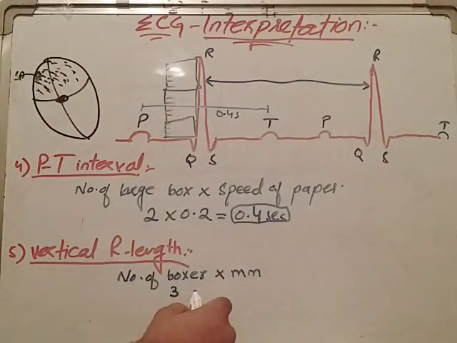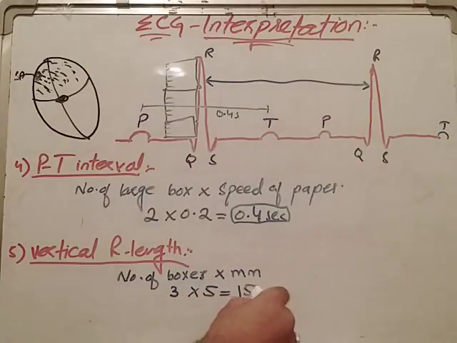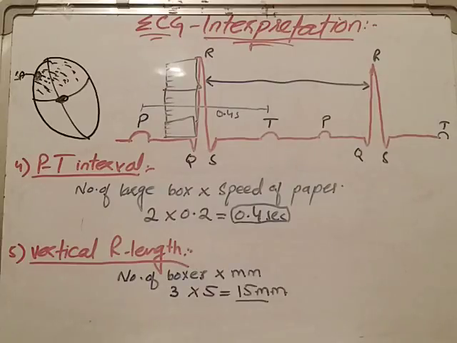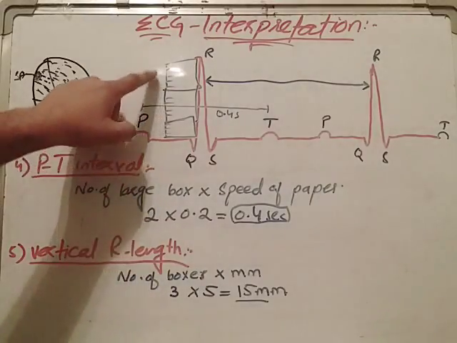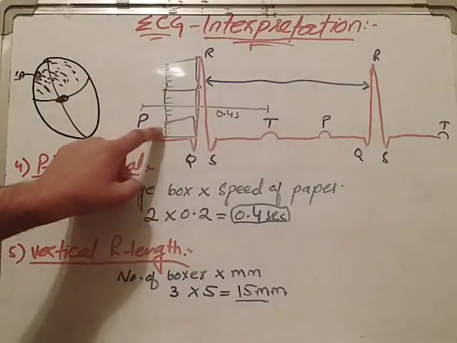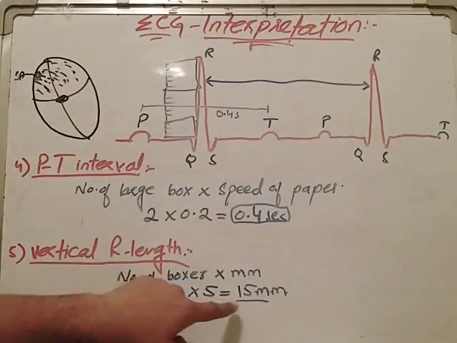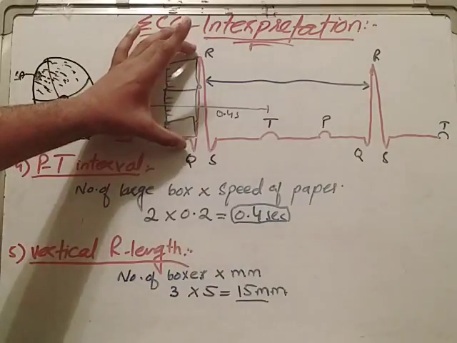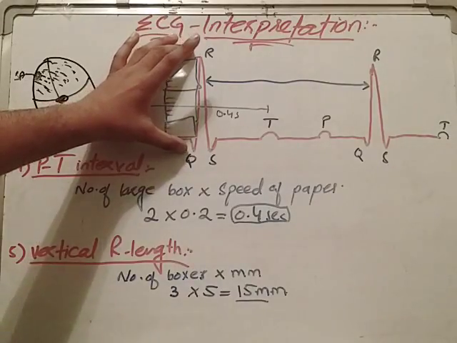So 3 multiplied by 5 equals 15 millimeters. 3 is the number of large boxes, 5 is the number of small boxes, so the length of R will be 15 millimeters.